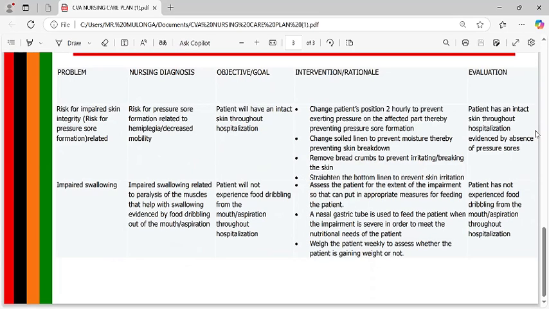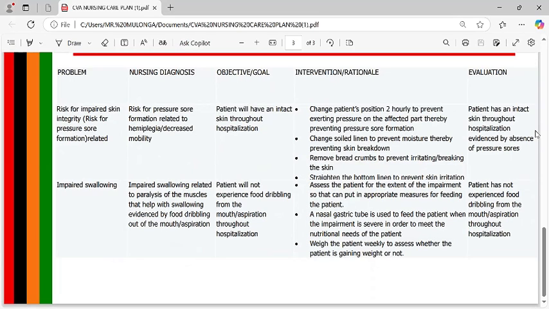So the first thing in most of these points is that you have to assess the patient for the extent of the impairment. Then the second one is a nasogastric tube is used to feed the patient when the impairment is severe in order to meet the nutritional needs of the patient.